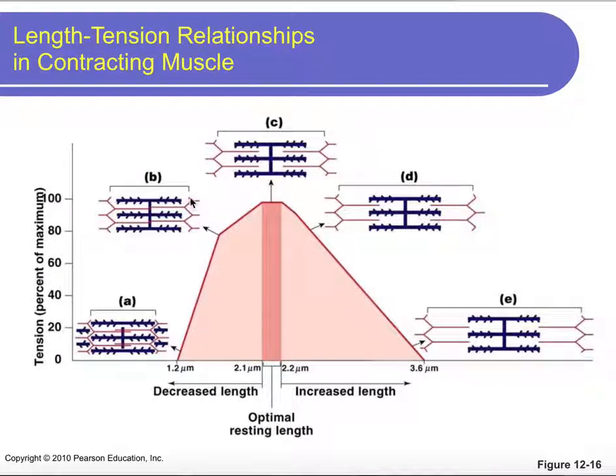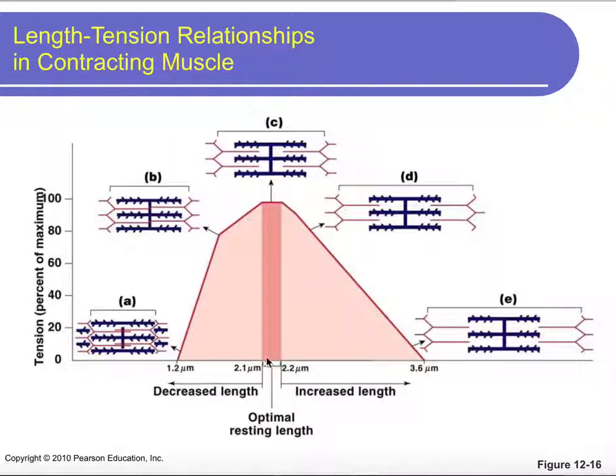And that's because in this shorter sarcomere length, even though we have a lot of overlap, so we're going to have a lot of cross bridges, the problem is we have no room to slide. And the shorter our sarcomeres become, the less room to slide. Notice it's very crowded here, so we will actually produce very little to no force.